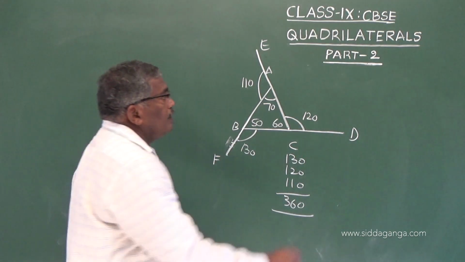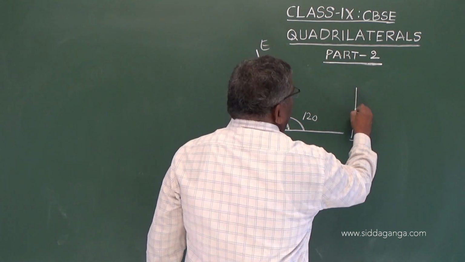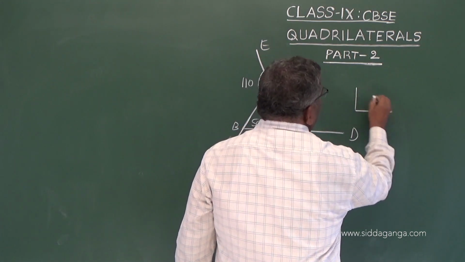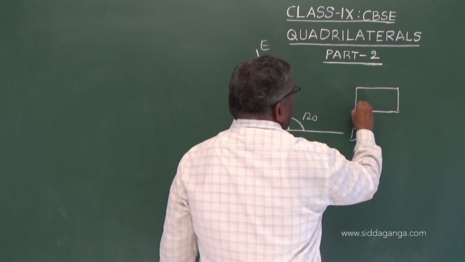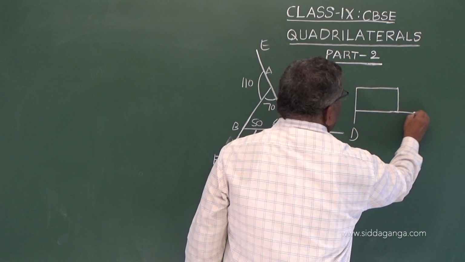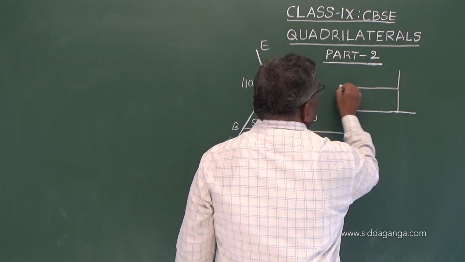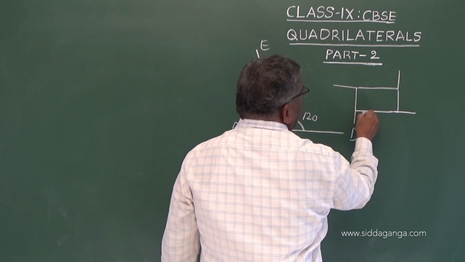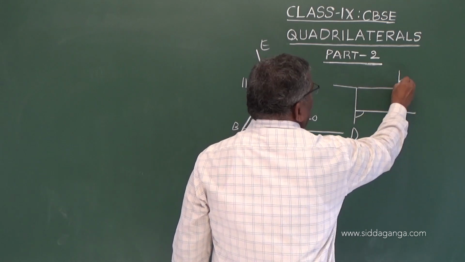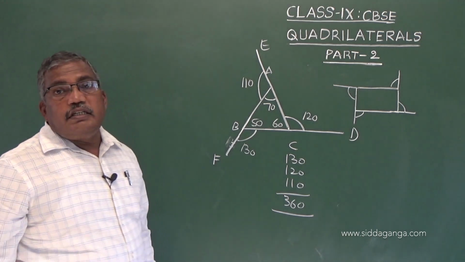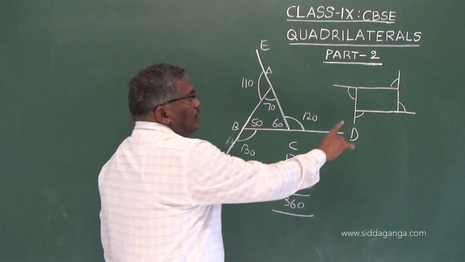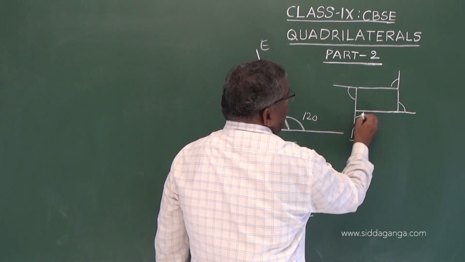Now take up a rectangle or a square, let us say a rectangle. Extend the sides. These are the exterior angles, formed by the extended side and one of the sides of the polygon.